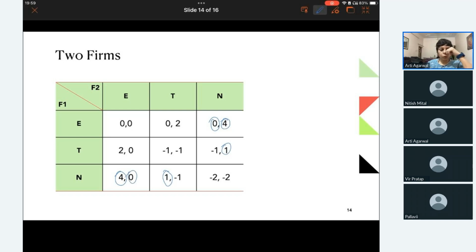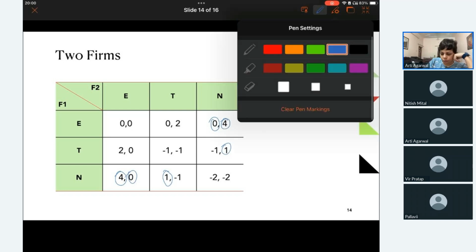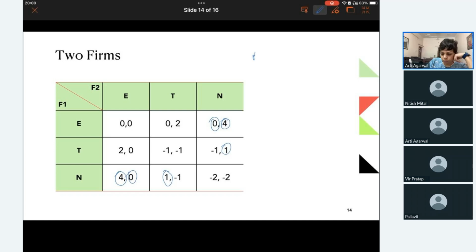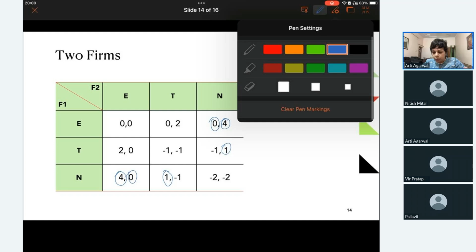So you have two pure strategy equilibria, which is N, comma E, and E, comma N.